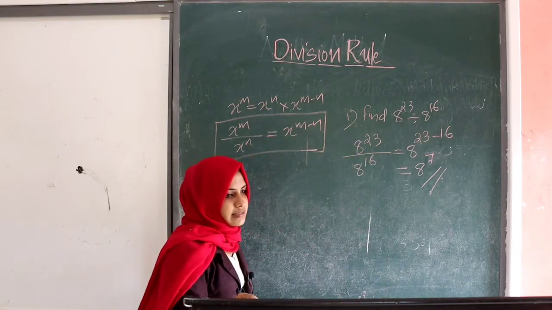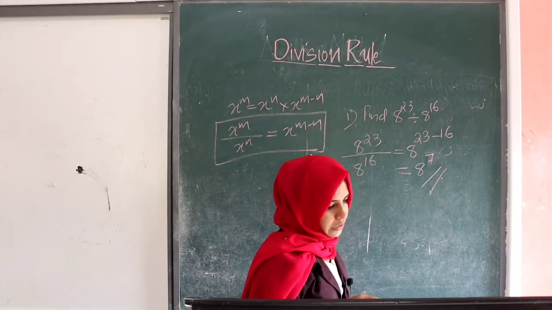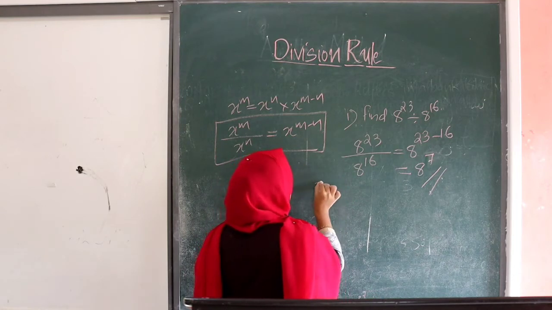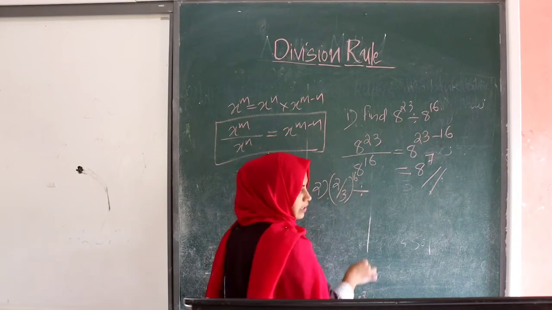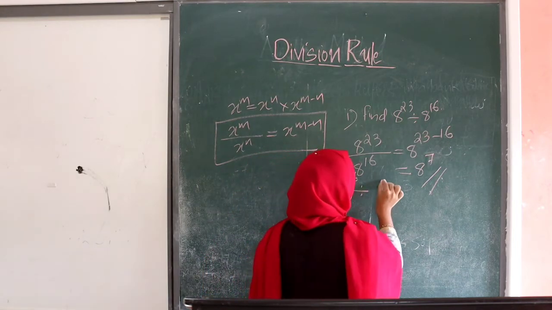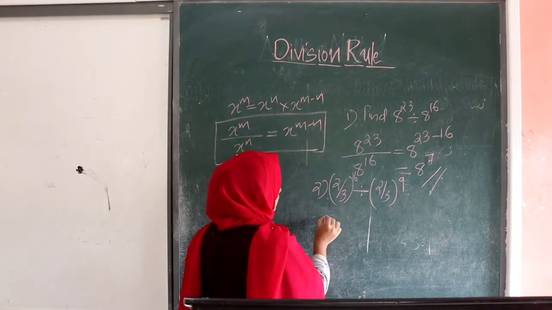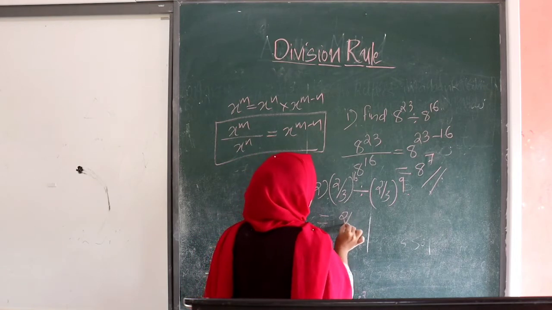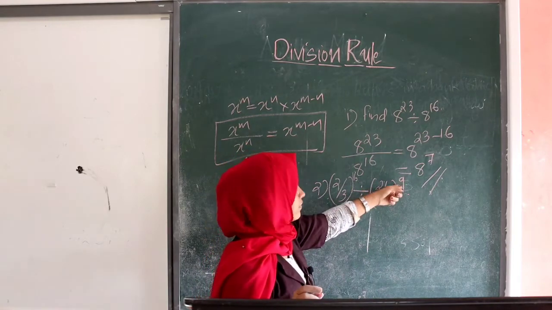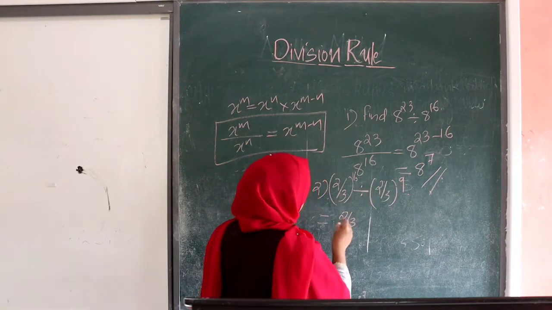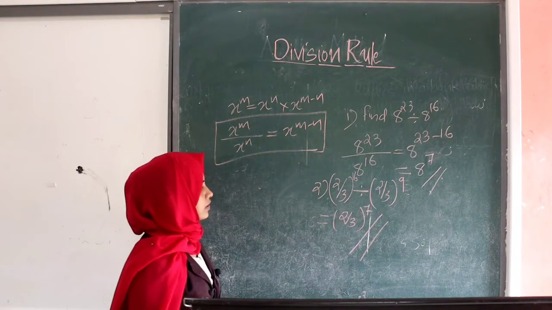The second question is: (2/3) raised to 16 divided by (2/3) raised to 9. When we subtract the powers, 9 from 16, we get (2/3) raised to 7.